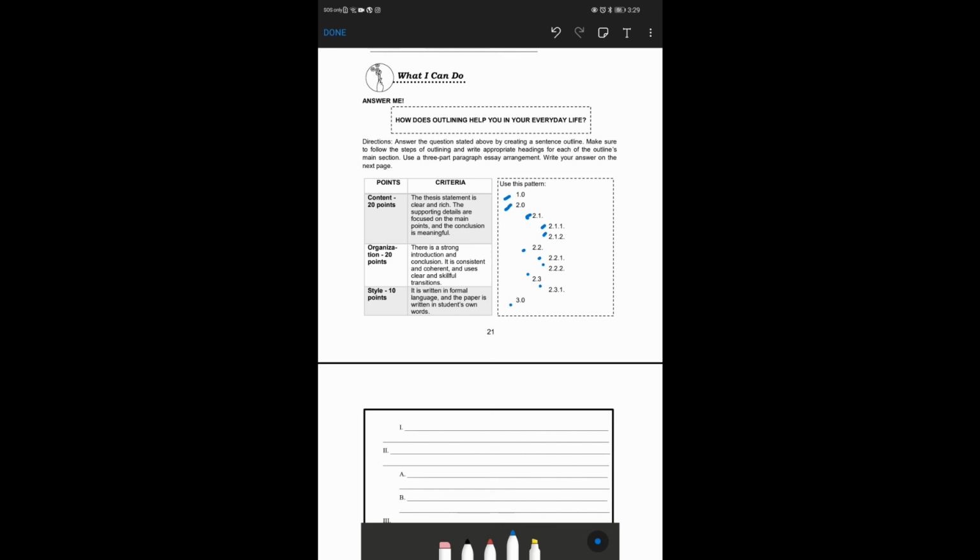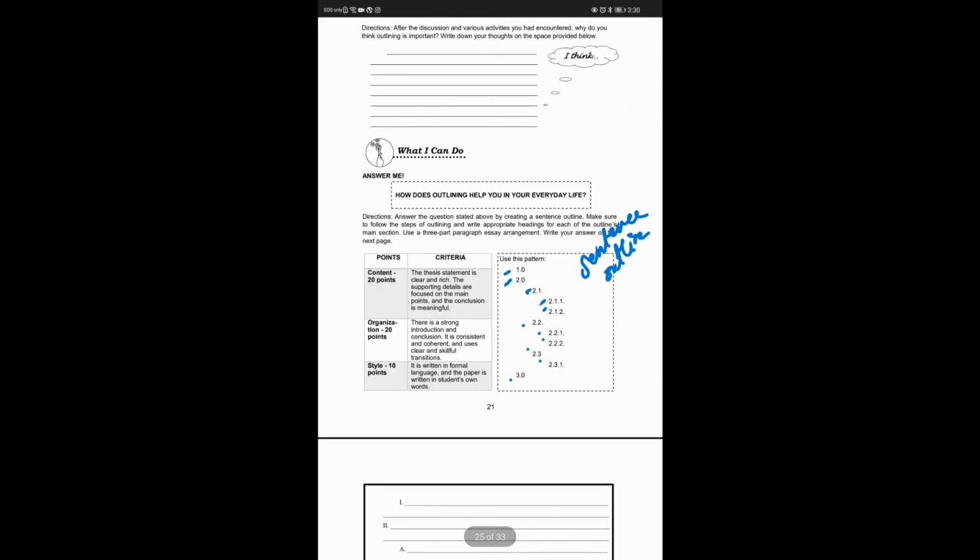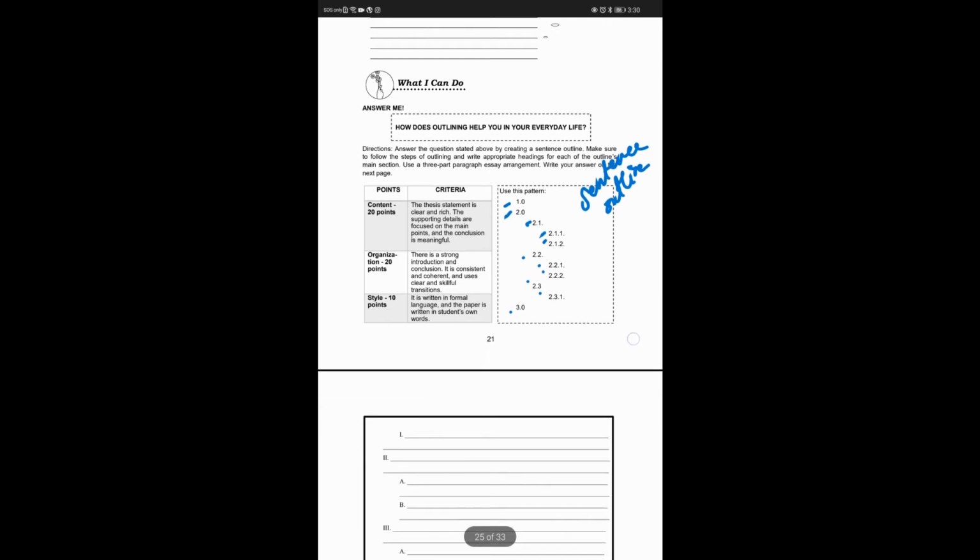Again, what we're going to do is a sentence outline, ha? So, make sure na complete sentences yung gagawin ninyo. Kagaya nung ginawa natin sa Independent Assessment 3 kanina. Okay. Yan. The topic again is how does outlining help you in your everyday life? Yun lang. Paano doon nakakatulong ang outlining in your everyday life?